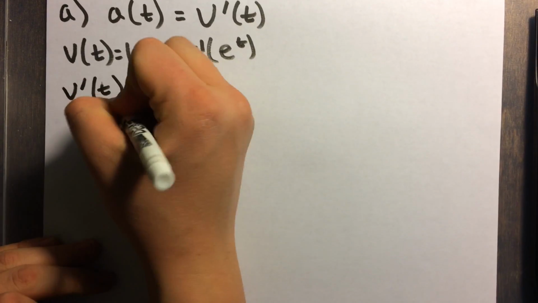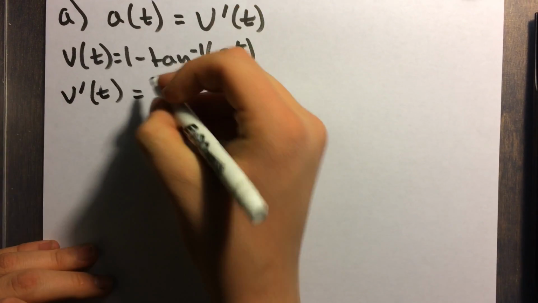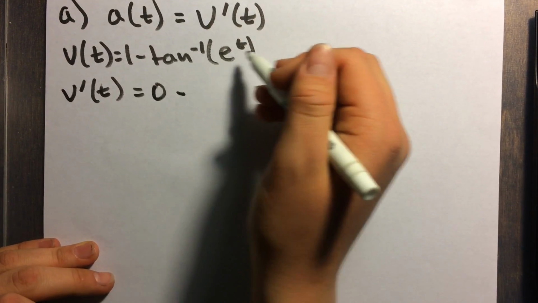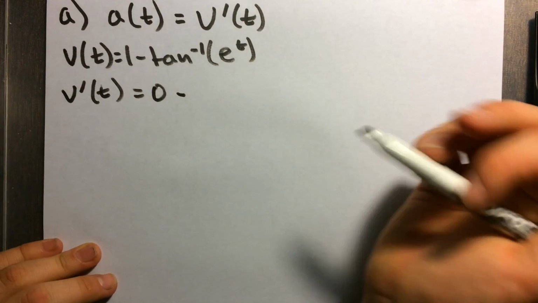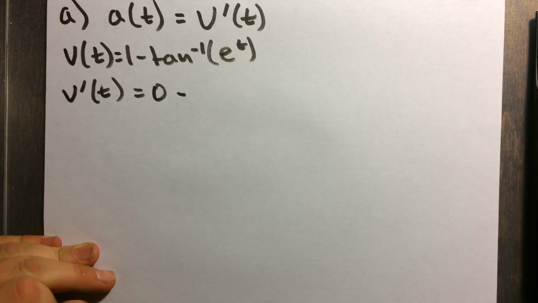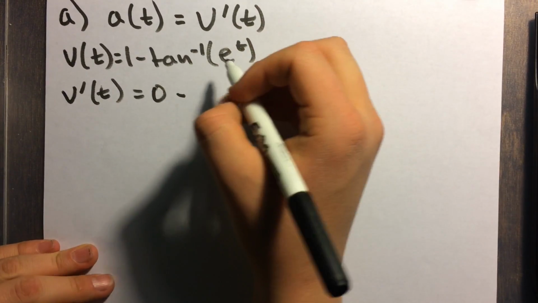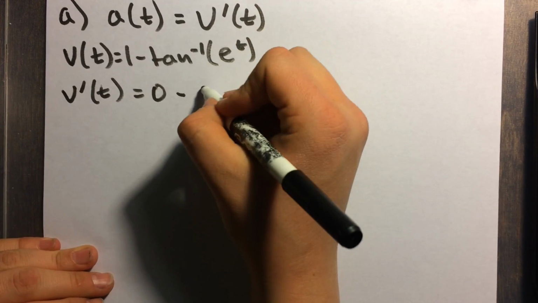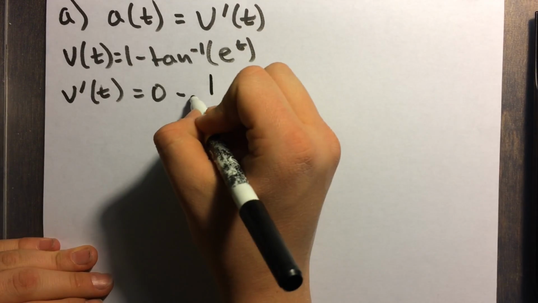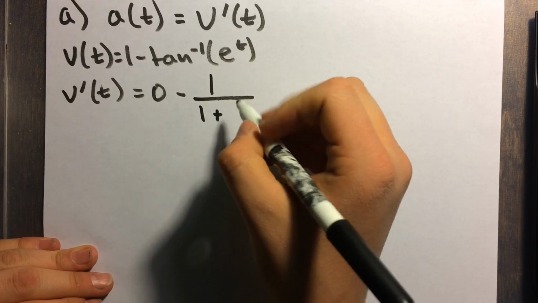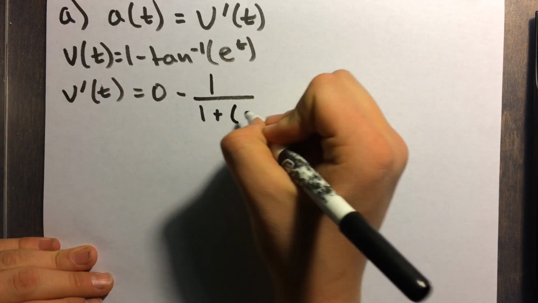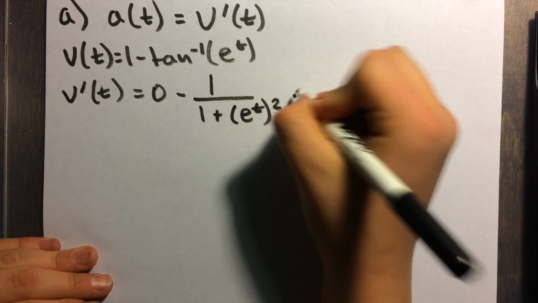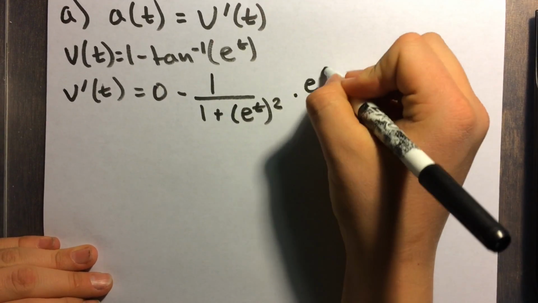So v prime of t equals the derivative of 1, which is 0, minus the derivative of tan inverse of e to the t, which is a compound function, making us use the chain rule. We must first differentiate the outside function, which gives 1 over 1 plus quantity e to the t squared, times the derivative of the inside, which is e to the t.